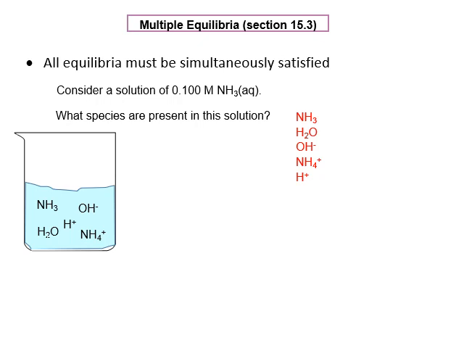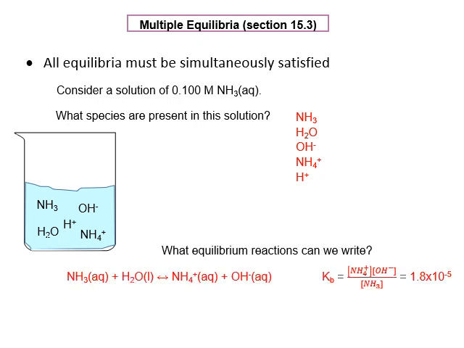What equilibrium reactions can we write? We can write the reaction of ammonia in water, acting as a weak base to form the ammonium ion and hydroxide ions. This equilibrium will be governed by the Kb for ammonia.